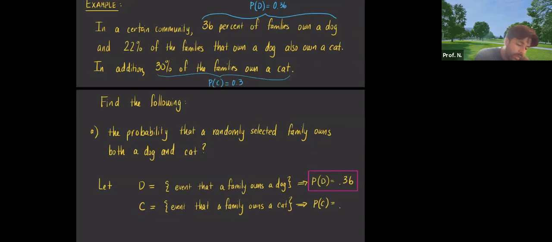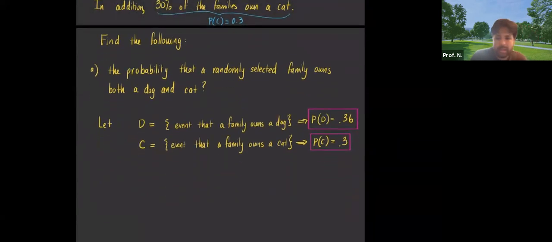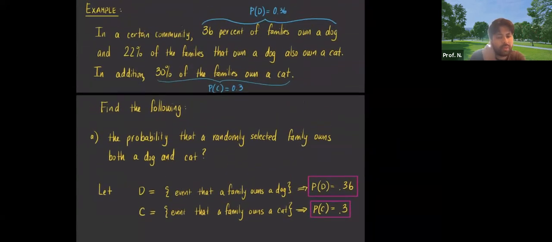So what is that 22% then? What is that referring to? Does anybody know what this 22% of all families that own a dog also own a cat? So that's a little different, right?